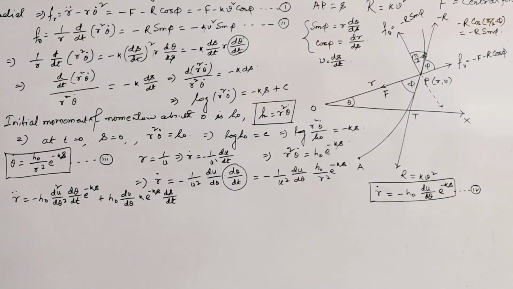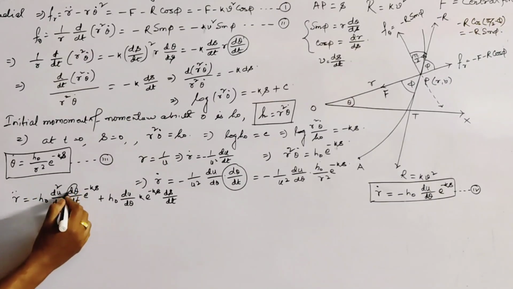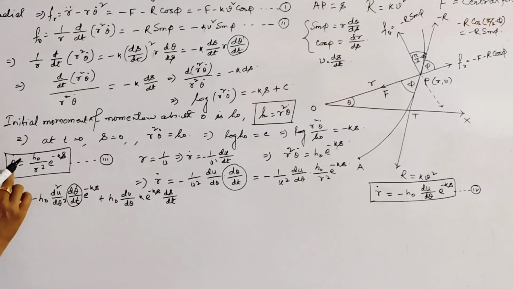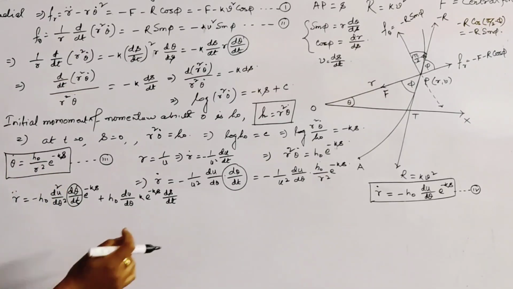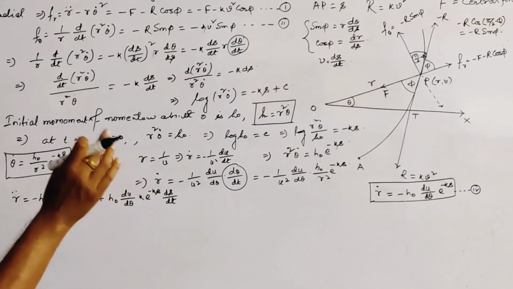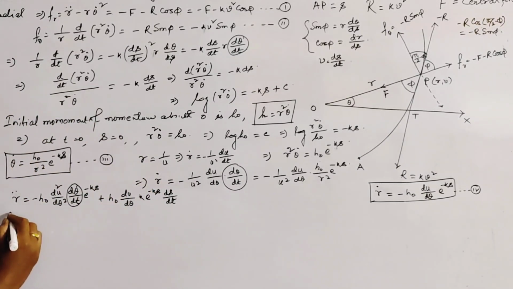Right, now we put the value of d theta dt, that is theta dot, equal to this relation, and ds dt equal to v, and get r double dot.